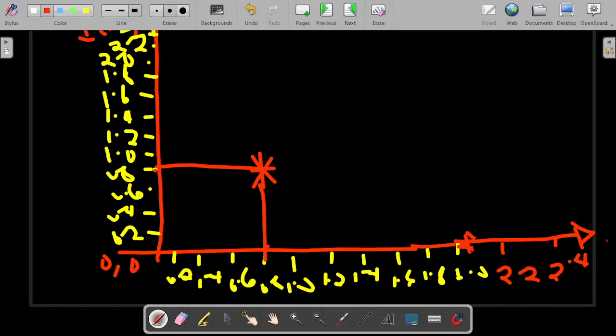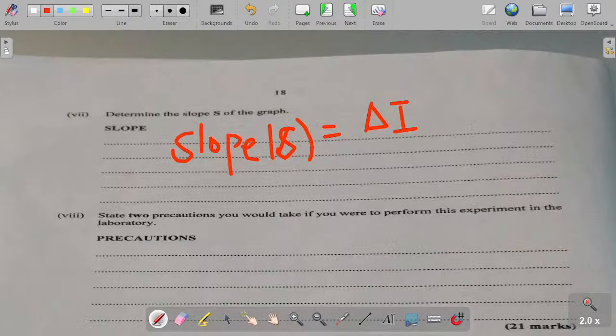The next question says determine the slope X of the graph. Right? So you have to write slope, open bracket X, is equal to change in I, which is the vertical, over change in P, which is the horizontal.